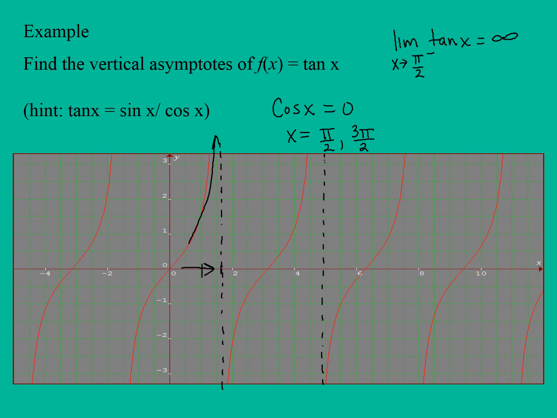Now we could do the same thing for every rotation around the unit circle. So if we added 2 pi to pi over 2 and added 2 pi to 3 pi over 2, we would get, again, a vertical asymptote.